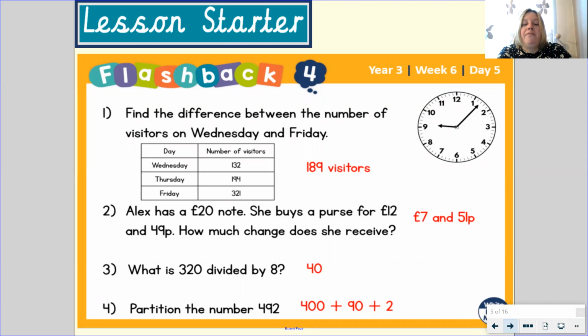Partition the number 492. So we could write this as 400, add 90, add 2, because there are 4 hundreds in 492. There are 9 tens in 492. There are 2 ones in 492.